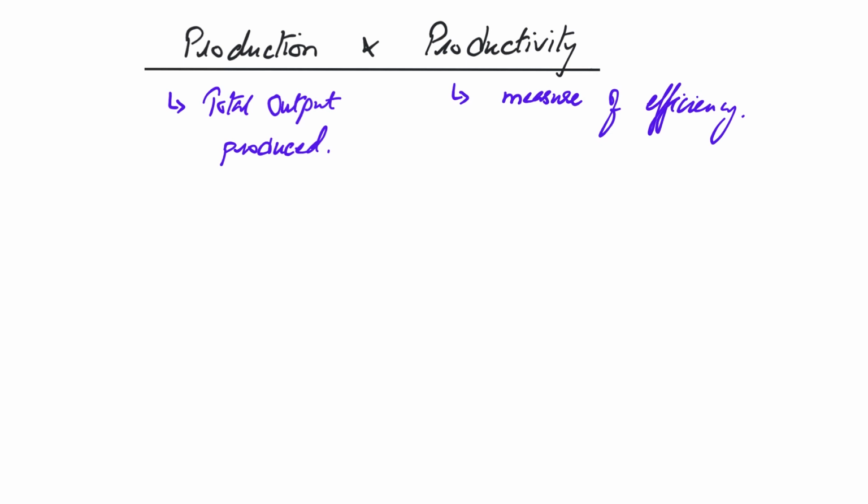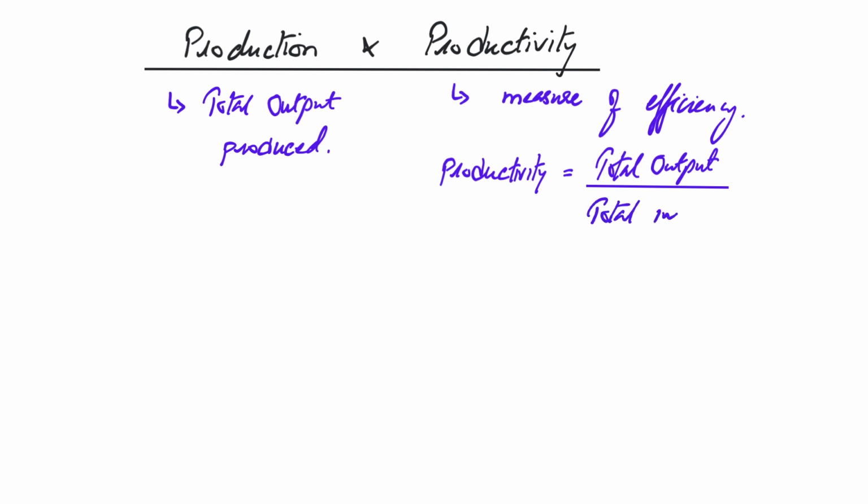Productivity ka formula is productivity is equal to total output, usko aapne divide kar lena hai total input se. Whatever your input is, we'll have a slight discussion on this in just a bit as to what kind of input we are talking about. So production is ki given resources ke saath aapne total kitni production ki hai.